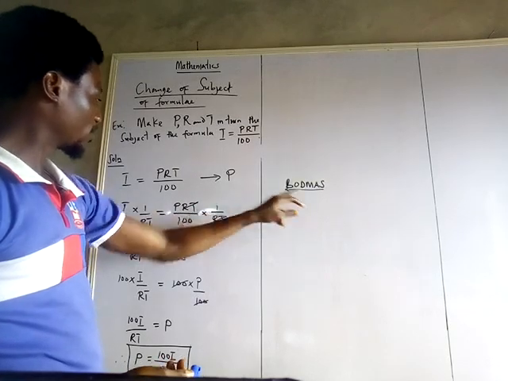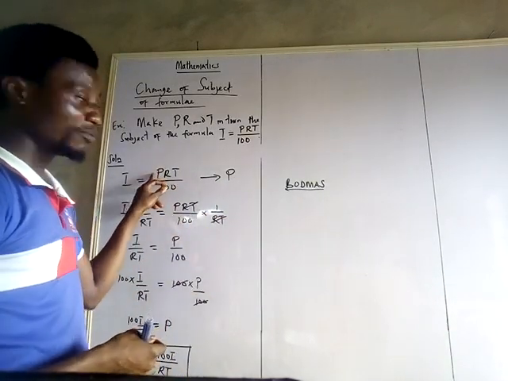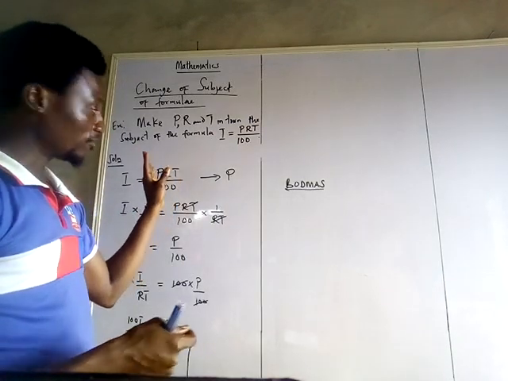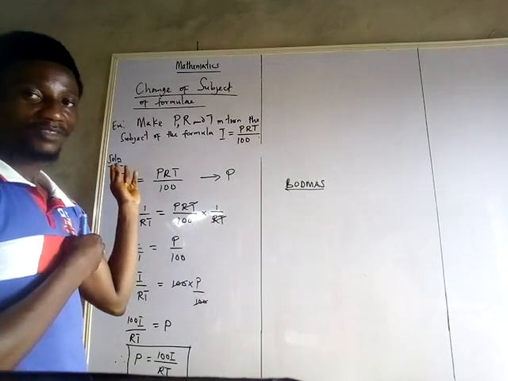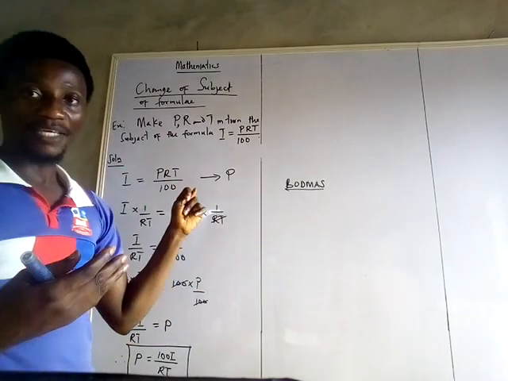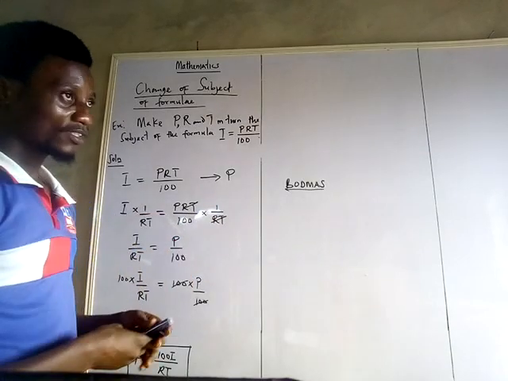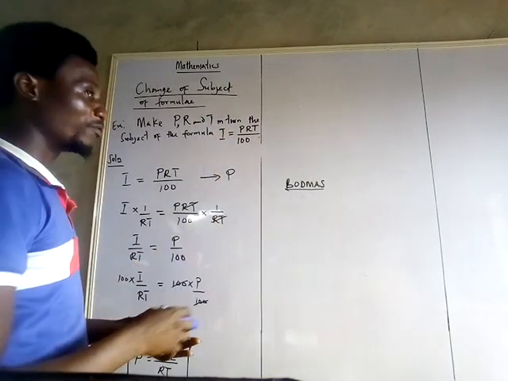How do we get the multiplication? We have P times R times T. So which means P is being multiplied by RT. And the only way we can remove RT is to divide by RT. When you say you are dividing by RT, it's like you are multiplying by 1 over RT. That is what we call division by RT.